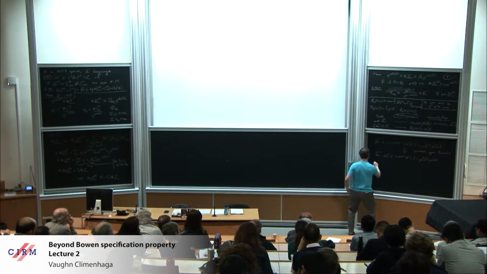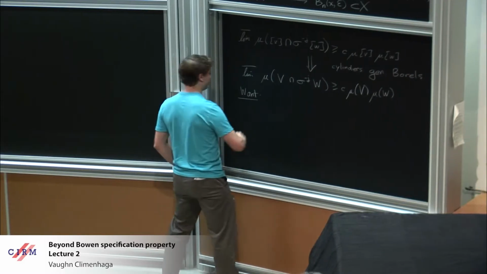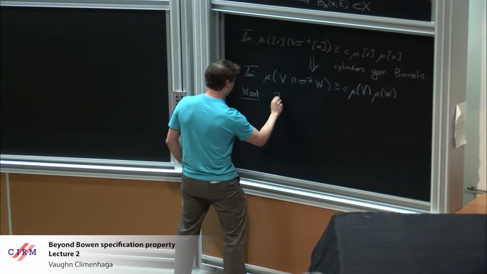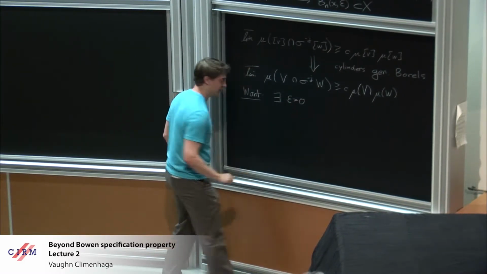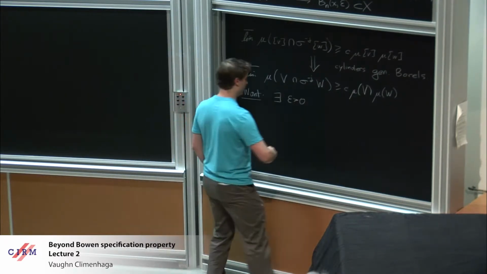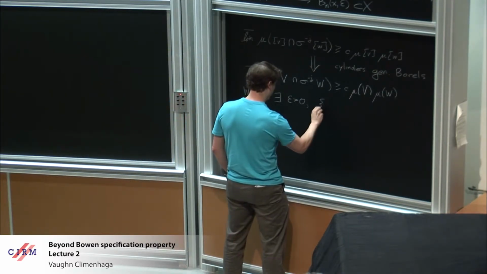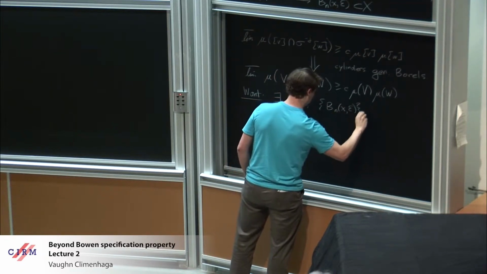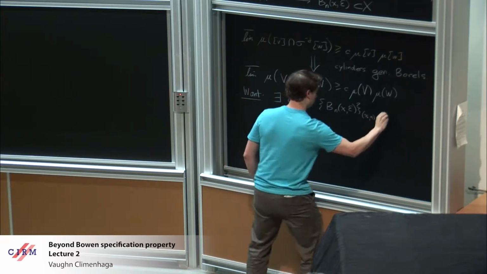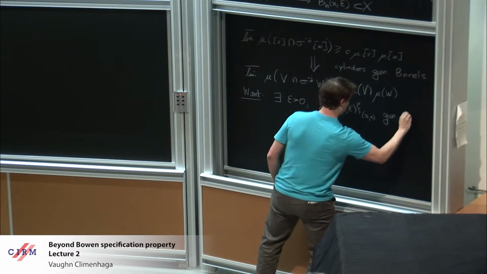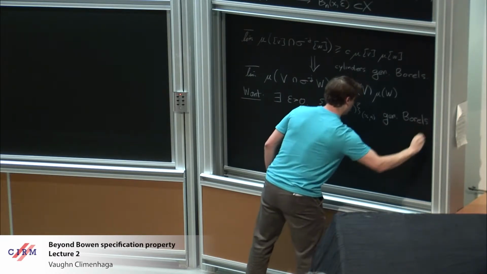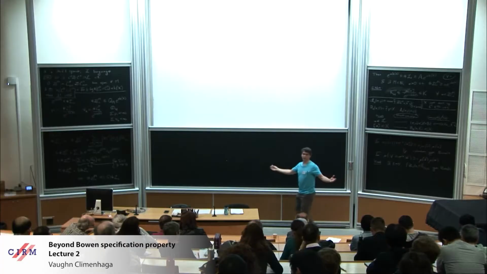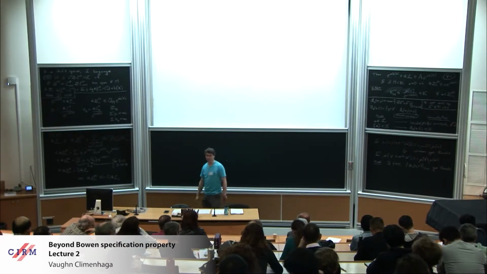What I need, or what I want at least, is that for some fixed epsilon, the Bowen balls generate the Borel sigma algebra.